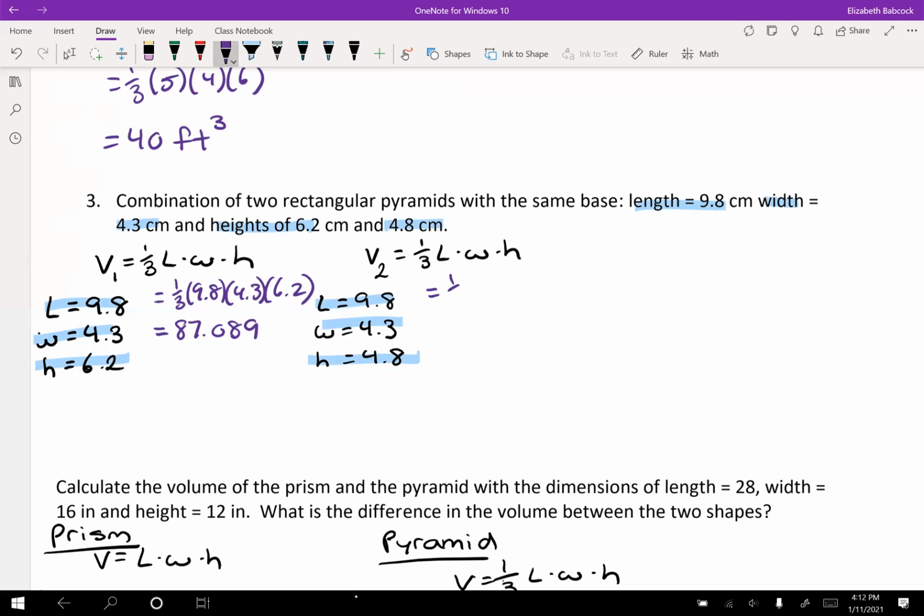Now this one gives you a volume of 67.424. V1 plus V2 gets you your total.